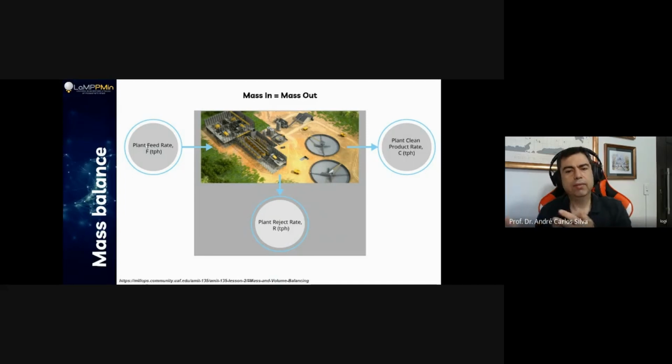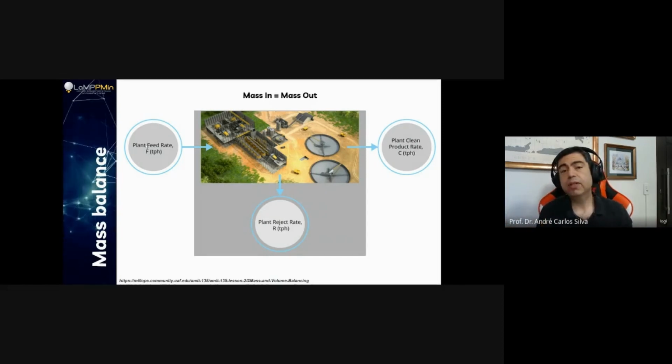And then we have the tailings, which would be the material that we reject in our mineral processing plant. We don't accept this material, so we reject it. And then we have our cleaner material, our material that we're going to send to another route in the future, or we're going to sell, okay? So it would be something like this. Mass goes in and two masses come out, okay?